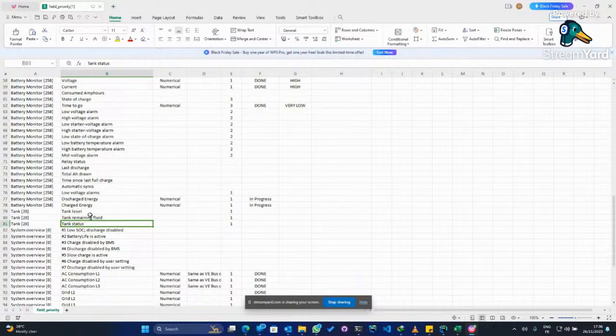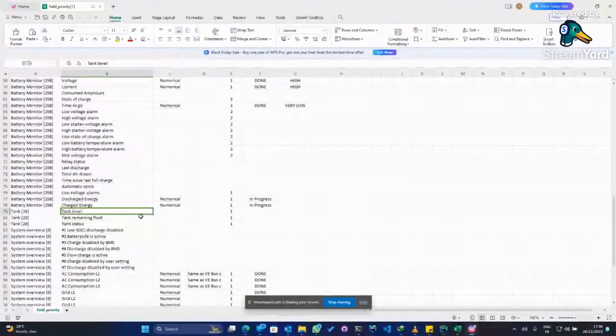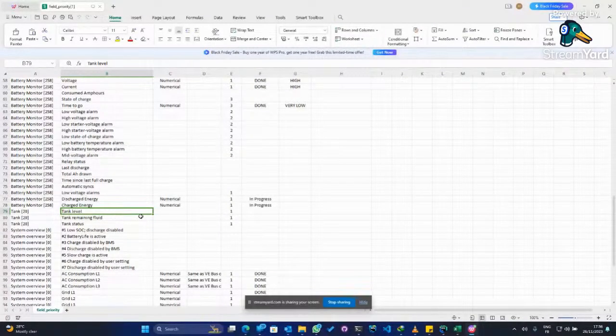These are the key parameters when you want to predict the diesel level, or the diesel rate of consumption.